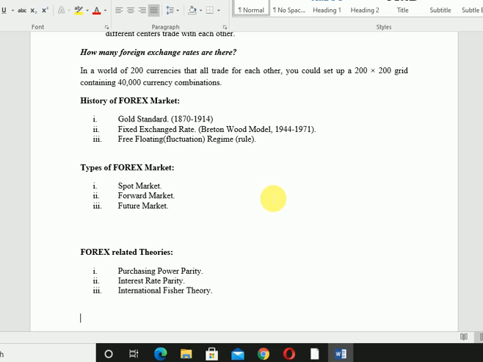Relating to the forex market, there are different theories like purchasing power parity theory, interest rate parity theory, and international Fisher theory. Purchasing power parity theory depends upon purchasing power equality, that the purchasing power of each and every person should be equal.